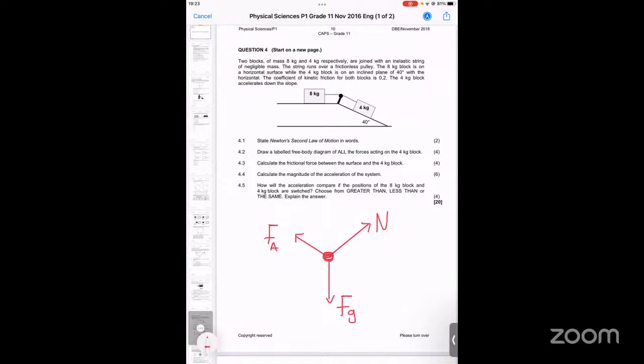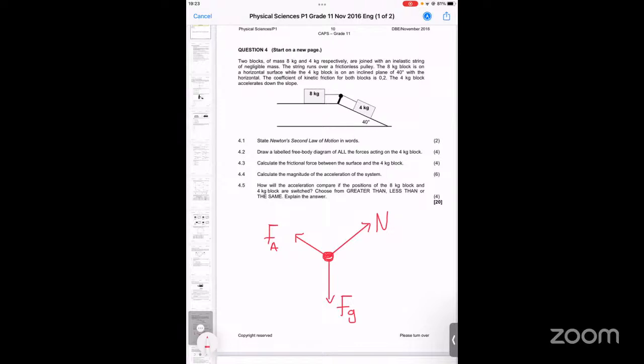So, sir, because you mentioned that it's for 4 marks, would I be wrong if I erased the FG and did the FG parallel and FG perpendicular, just in the same direction, sir? No, because those two forces represent one force. It's not like it's two separate forces.